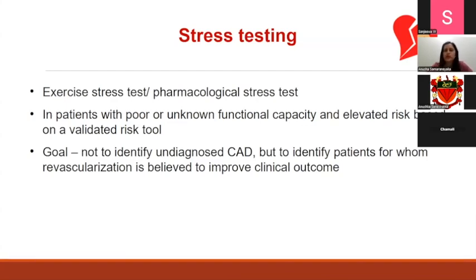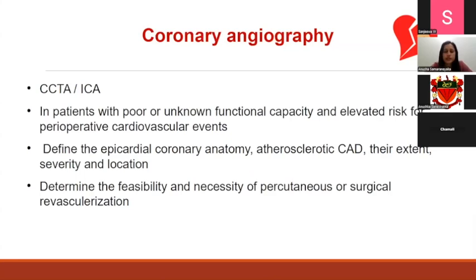And then comes coronary angio. Coronary angiography is again decided by the cardiologists depending on their risk scores, as to which patients need coronary angio. It could be coronary CT angiography or ICA, invasive coronary angiography, in patients with poor functional capacity and elevated risk, calculated according to their risk tools.